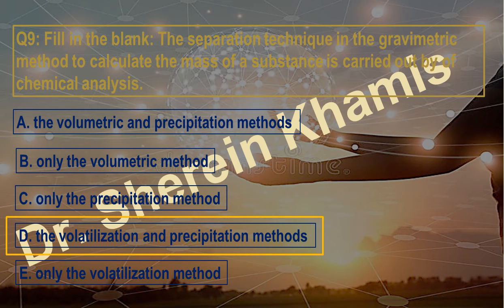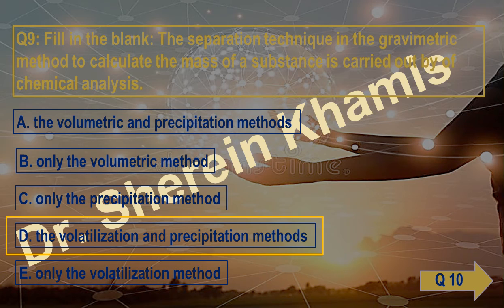So here we have the answer, number D. The separation technique in the gravimetric method depends on the volatilization method and the precipitation method. One is volatile and one makes a precipitate. In both cases, depending on the amount of substance, to calculate the mass of a substance.